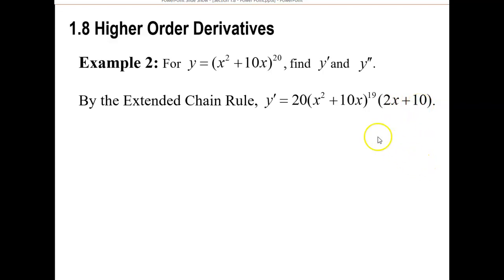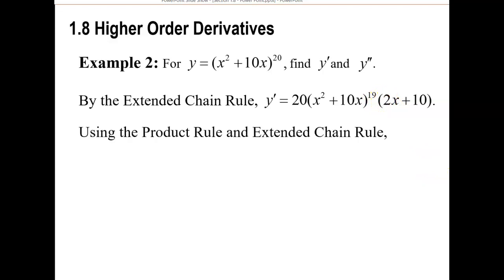All right, now to do our second derivative, we have to use the product rule, along with our extended chain rule when we get to taking the derivative of that term.